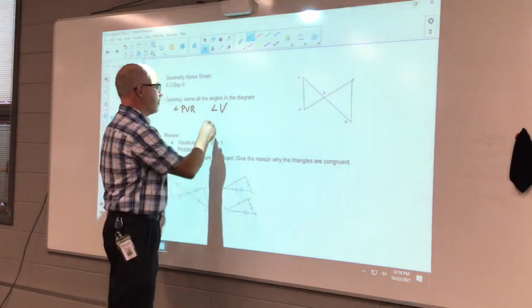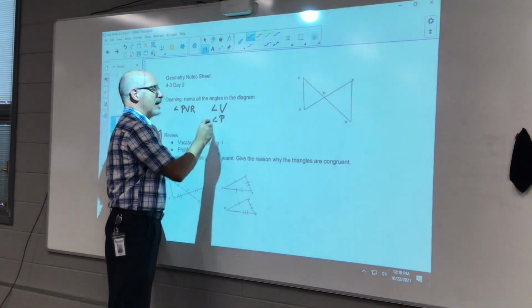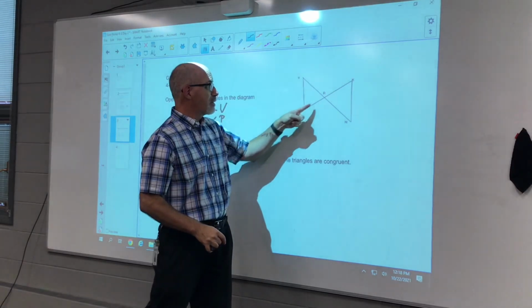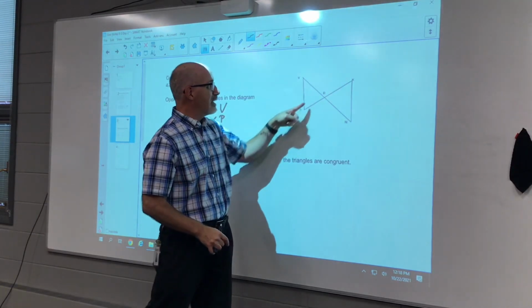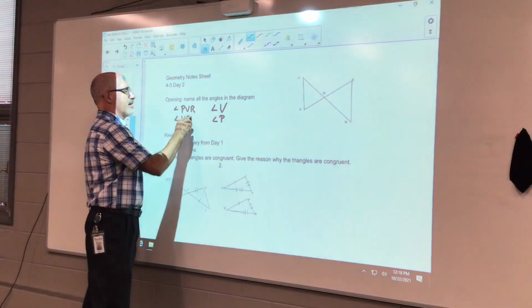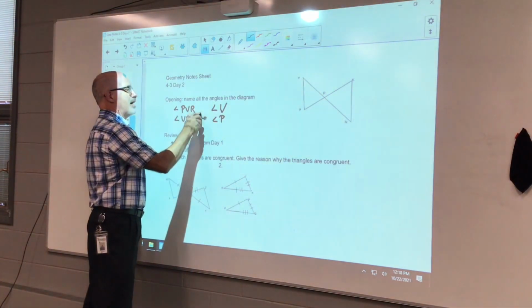Same with angle P. Angle P could be listed here by itself, or if we wanted to, we could list it with 3 letters. We could do VPR instead. These are the same angle.